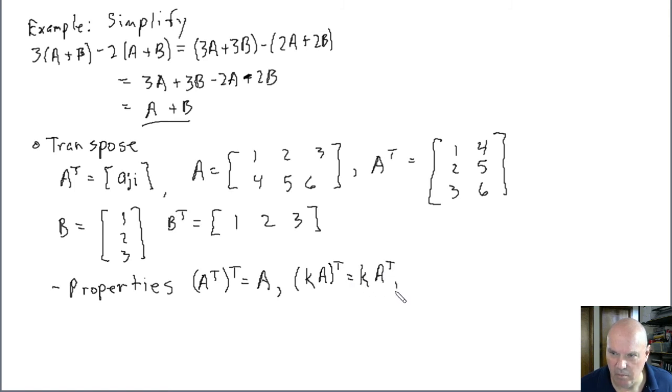Again, you can prove these quite easily by just writing out A in terms of its elements. And then finally, another property that's useful: the transpose of A plus B is equal to A transpose plus B transpose.